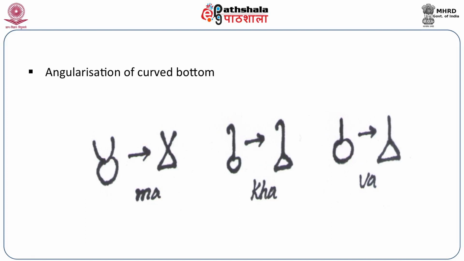Similarly the letter Ka, where the appendage is a small circle, but subsequently a triangular mark is appended, that becomes Ka. Similarly Va is of roundish type, whereas in the subsequent phase it gets angularized.